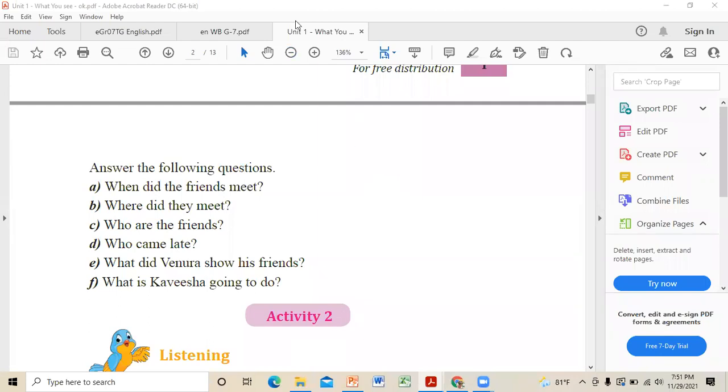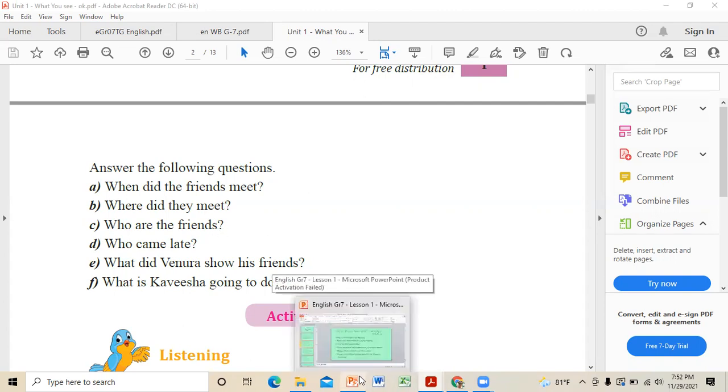I can see Vitulya has raised her hand. Vitulya, would you like to share the answer for the first question? On Saturday afternoon. Right, yes, good. Thank you. So the first question is, when did the friends meet?